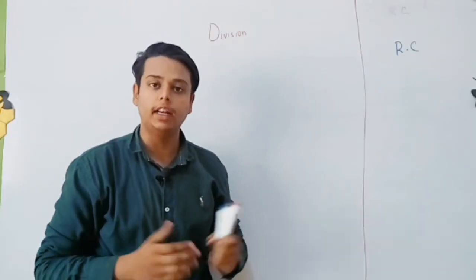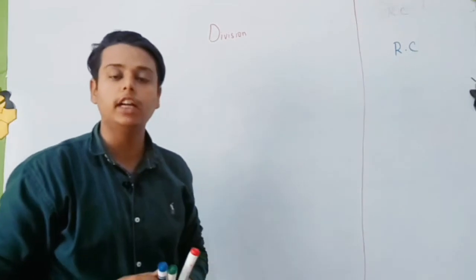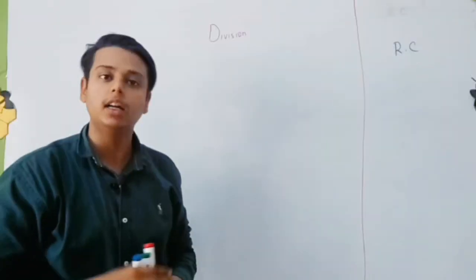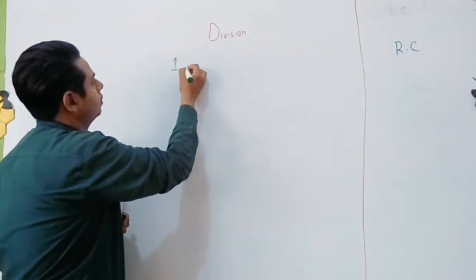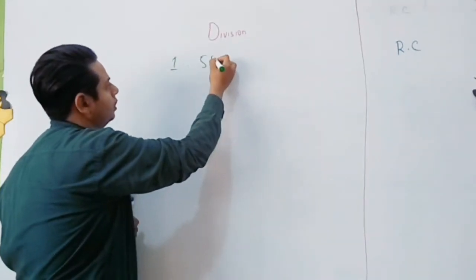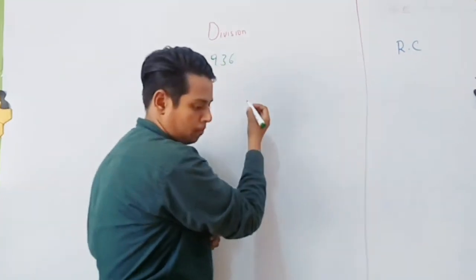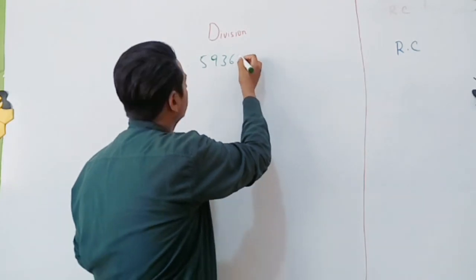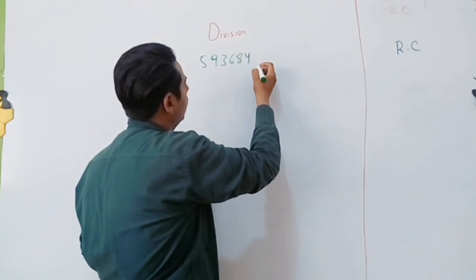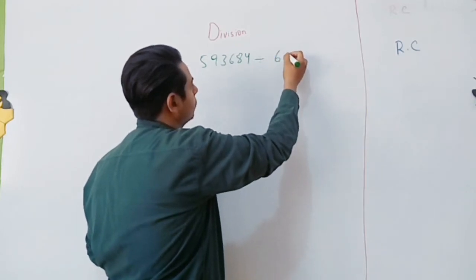That is how we can divide anything with a 2-digit number. Now we are moving forward to find out how we can divide any number with a 3-digit number. Now we have a question. 593684, and I have to divide it with 650.